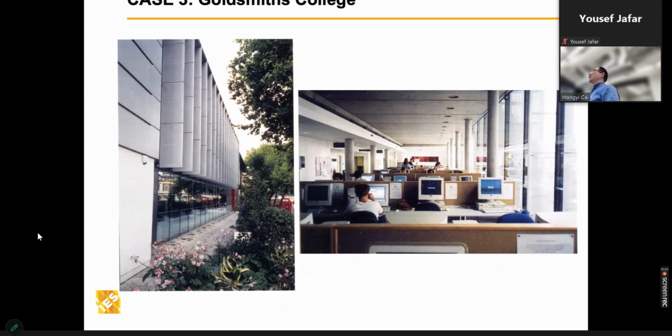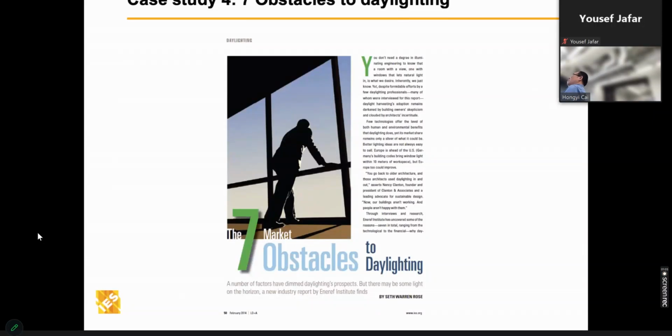Okay. This is another article about the obstacles of daylighting by Seth Rose. So 7 obstacles. If you're interested to read, this is not actually a project, but it is more about what kind of problems you have to overcome when you do daylighting, right?